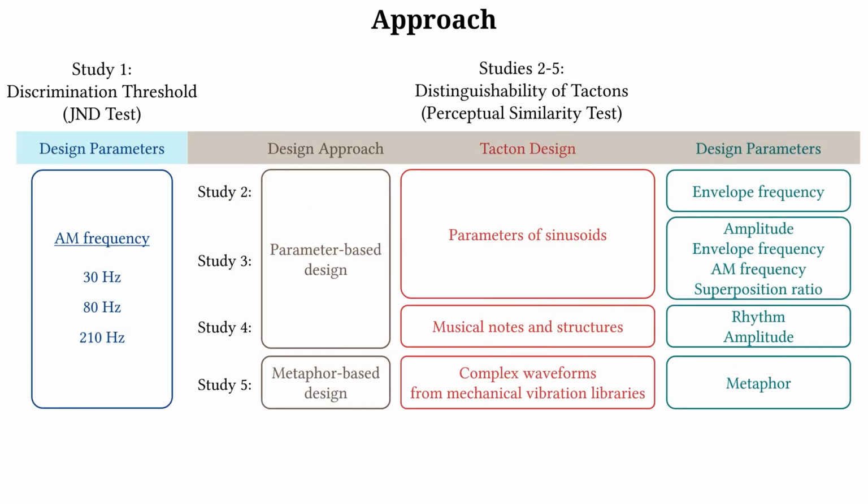In Study 1, we investigated the discrimination thresholds for infrequency of mid-air ultrasound vibrations. Next, we created 4 sets of mid-air ultrasound tactons and estimated their perceptual dissimilarities based on user pairwise ratings in studies 2 to 5. We selected these 4 sets from the mechanical tacton literature that reported the similarity rating data and the perceptual spaces.